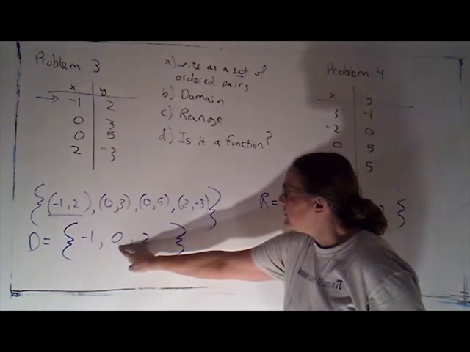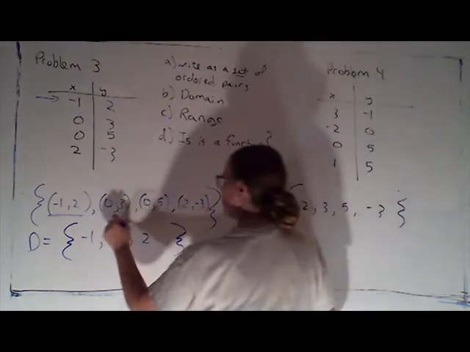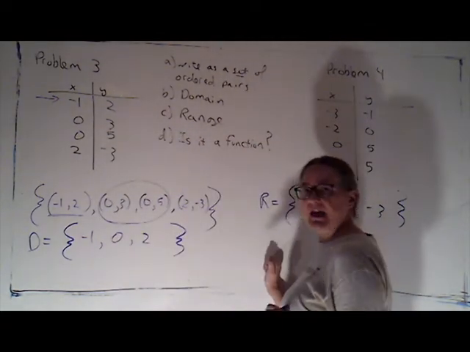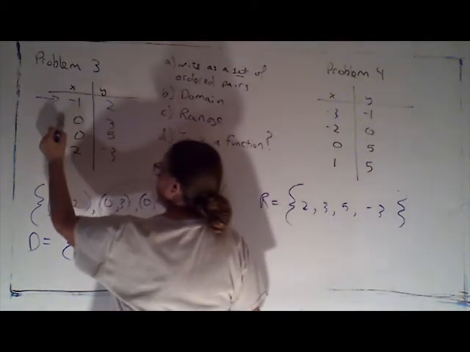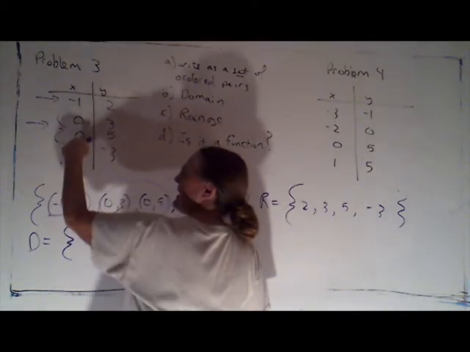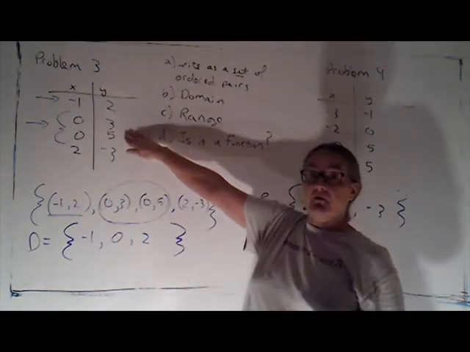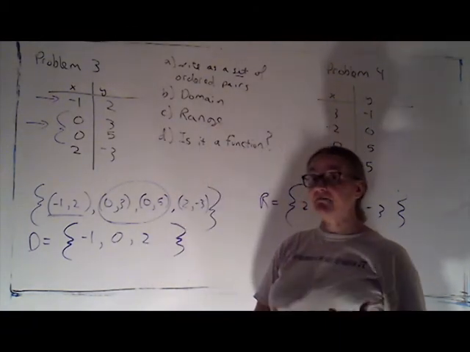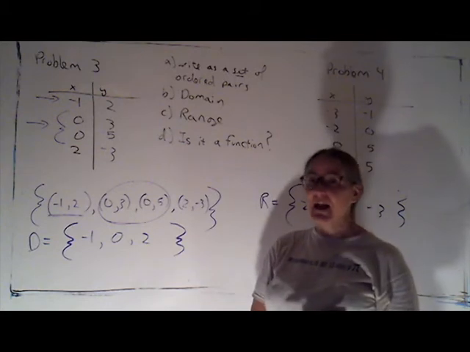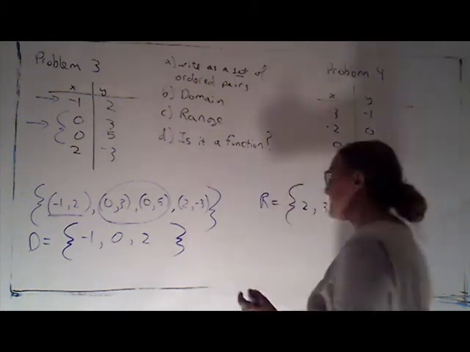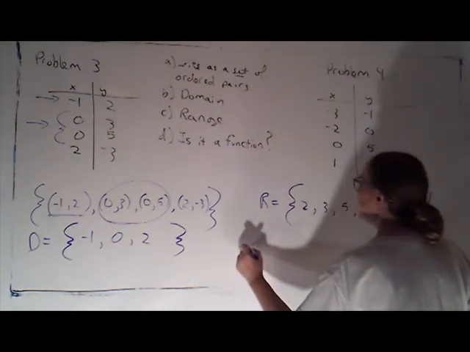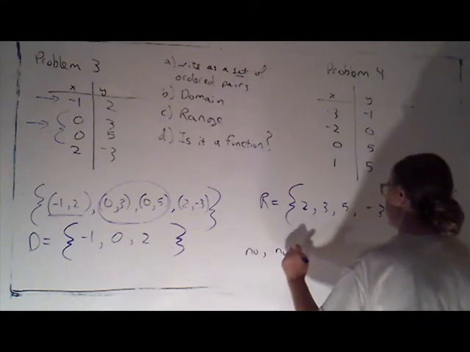But if I look at 0, I can see there are 2 points that have an x value of 0. Or if I look at the table of values, I can see that that x value is repeated. So there are 2 different y values, 3 and 5, that are associated with that same x value of 0. So the answer to part D is that no, this is not a function.